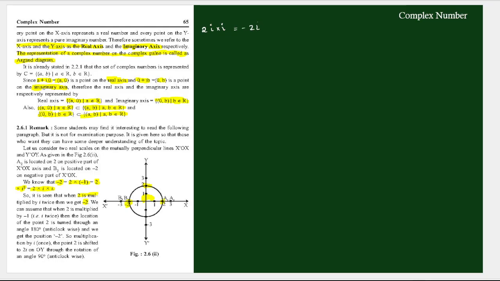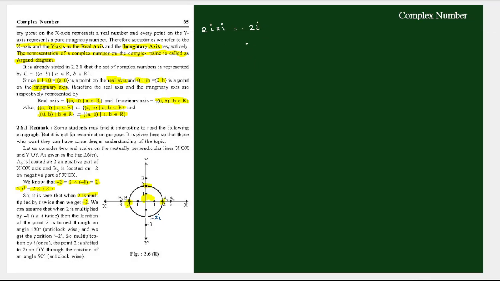Again, if we multiply with one more i, then it will reach this portion, which will be your -2i.